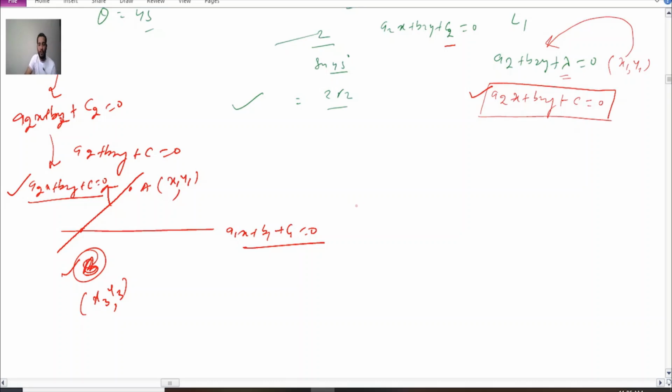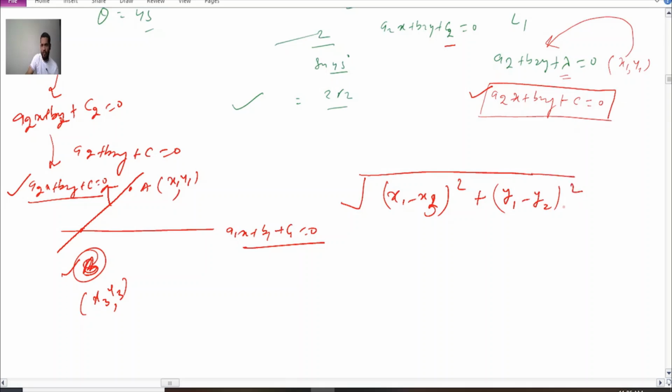Just use the distance formula: the difference of abscissas and the difference of ordinates, squared, and taking the square root we can find the distance between A and B. Point A is known, point B is also known, so we can find the angular distance of a point to the line.